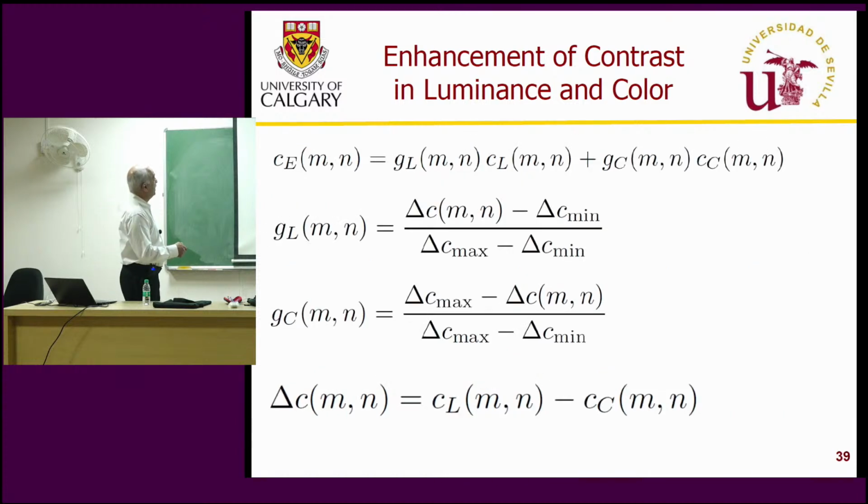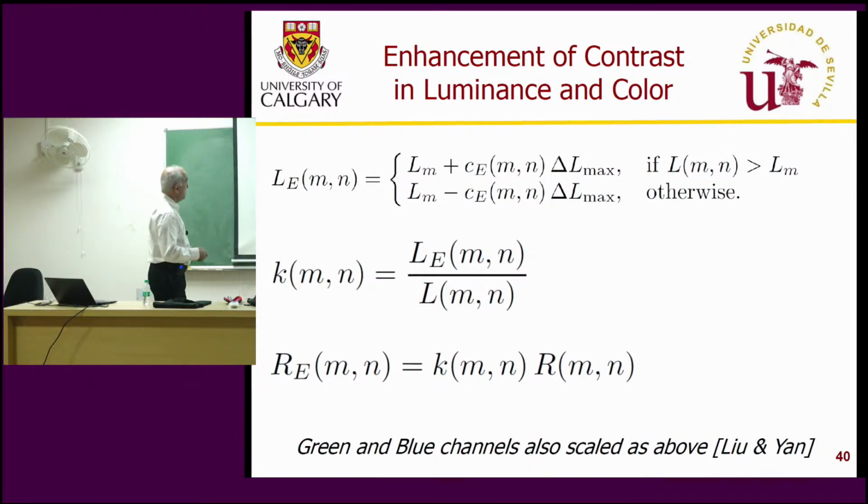And then the enhancement is defined in terms of a certain gain for the luminance and a certain gain for the color for every pixel. And that luminance gain is given in terms of these quantities, delta CMN, which is this difference CL, CC described earlier. So K is this ratio of LE to L, and the red component is multiplied with KMN, and the same for green and blue.